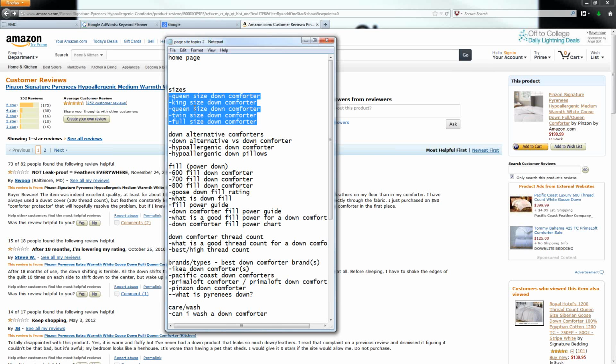However, on this particular site, I feel like that would be a more heavily product-based targeting approach. So what I'm actually going to do for this particular topic is I am going to have a page that will be about sizes on my site. And that one page is simply going to cover all of these different points and keyword phrases.